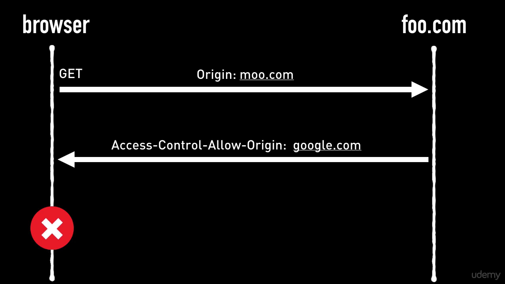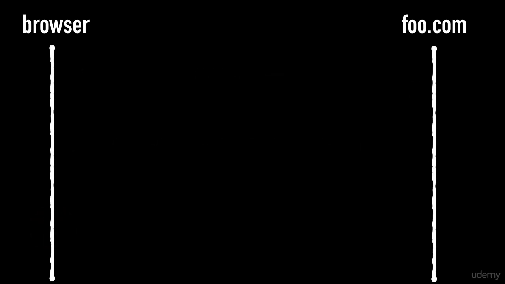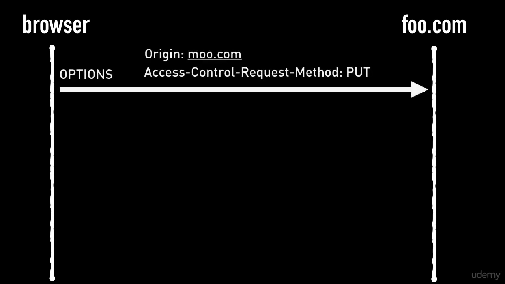So how CORS gets around this is by sending something called a preflight request. A preflight request is basically an HTTP request with the method OPTIONS. So if we were issuing a PUT request, the first thing the browser would do is send an OPTIONS request to foo.com.